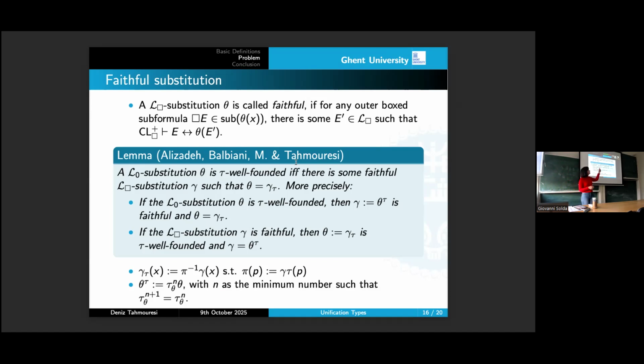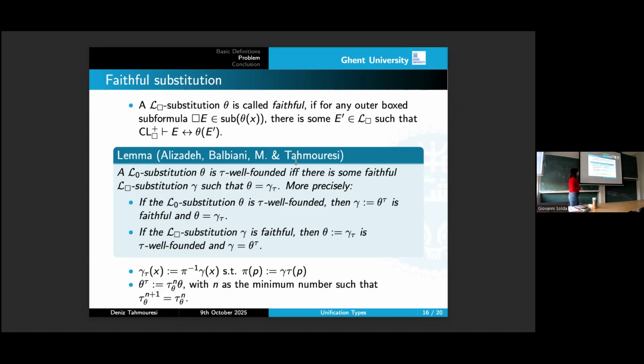Actually, we said here to belong to the L box, but in future we can see that it is going to be something from the formula itself. The idea is that there is nothing outside the formula that is going to appear in the formula when using theta. It's going to be some subformula of the same formula, and that's something we need.